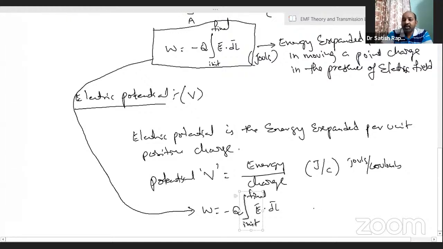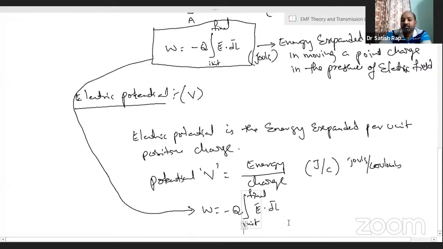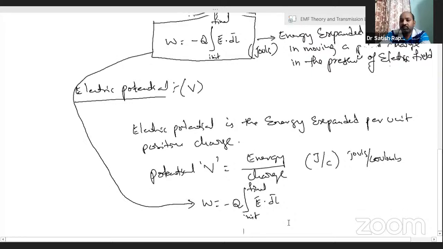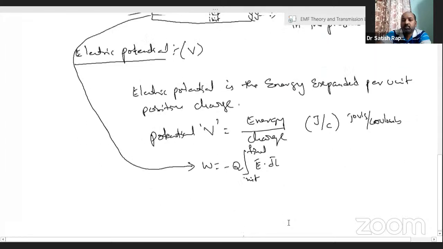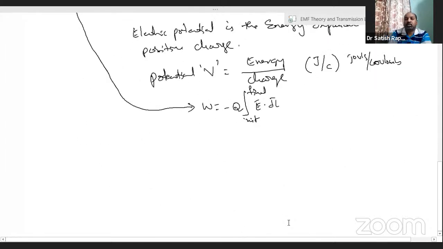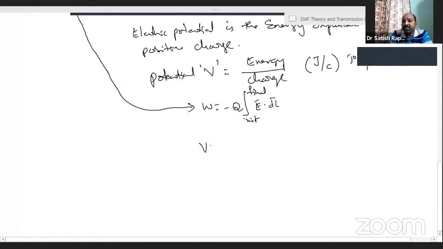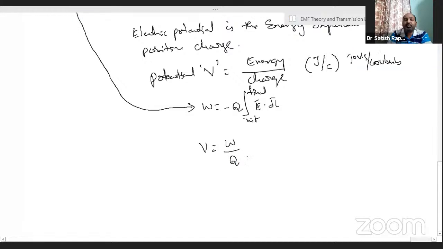So now, as per the definition of potential, what is potential here? Energy per unit charge. Total energy per unit charge is potential. So therefore, V is equal to W by Q.